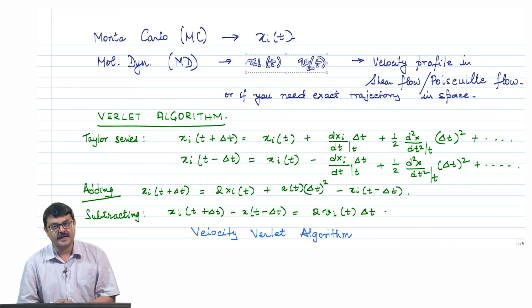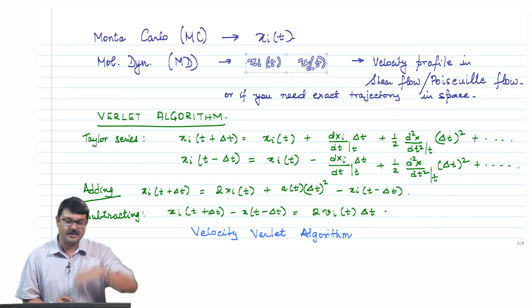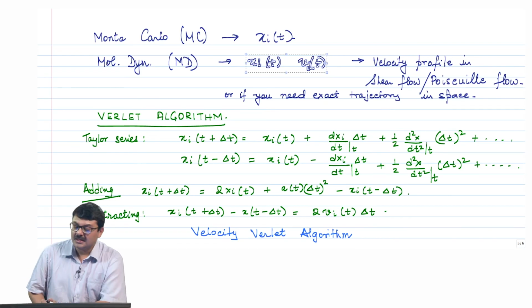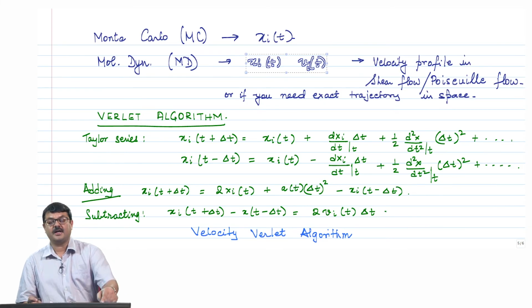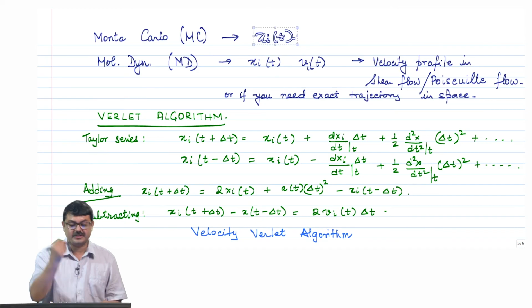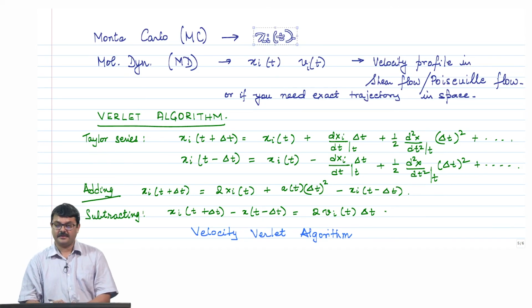Even when you are looking at, suppose, solid, liquid, gas, where you are interested in statistical properties of the system and not an astronomical system, say, then if you need to understand the physics of your system, the velocity degree of freedom, then you can't do a Monte Carlo, because Monte Carlo has only positions, right.